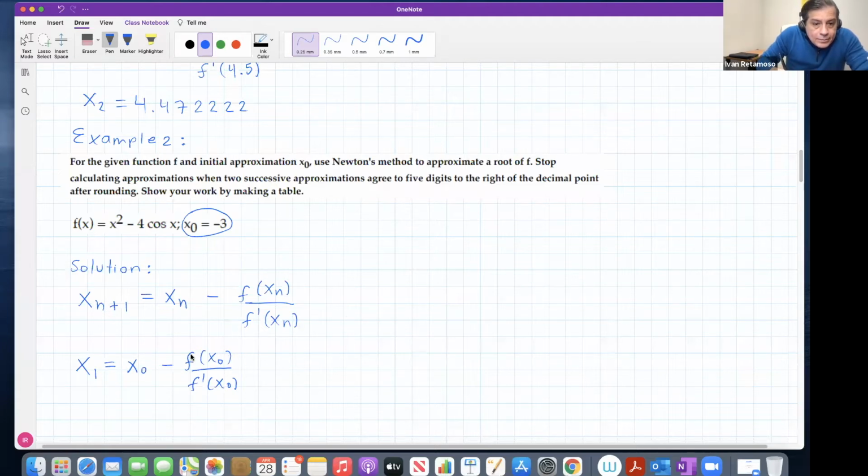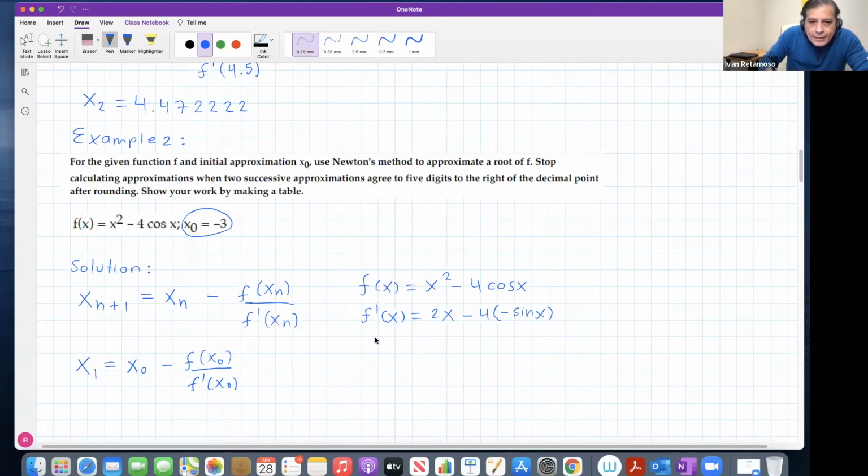Now I'm going to use f and the derivative, so let me write this out clearly. f of x is equal to x squared minus 4 times cosine of x. And its derivative, f prime of x, will be equal to what? Derivative of x squared is 2x, minus 4 constant, derivative of cosine, remember, is minus sine of x.